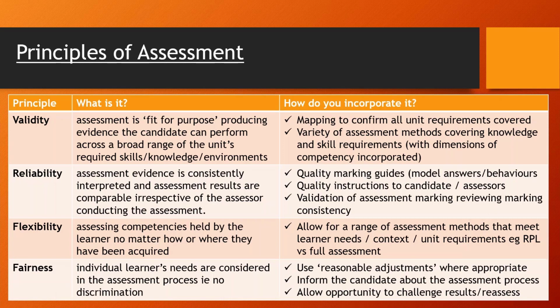Or you might have someone who has a vision impairment, so you might have an audio assessment process where they have to respond verbally to questions that you ask them orally.